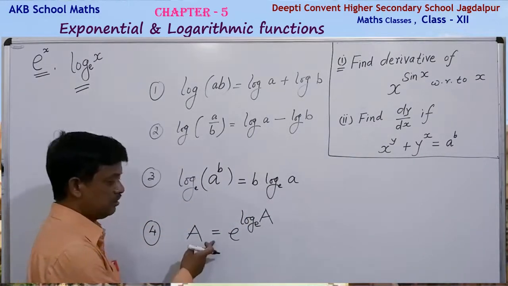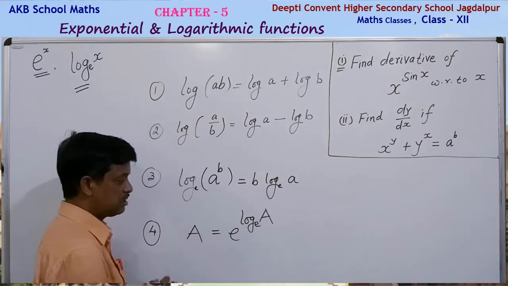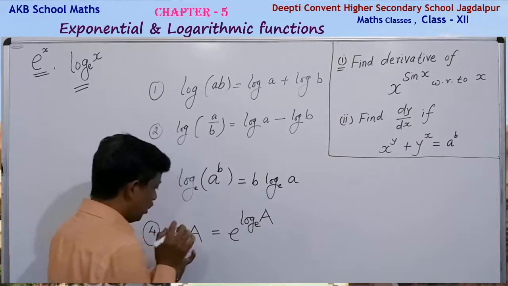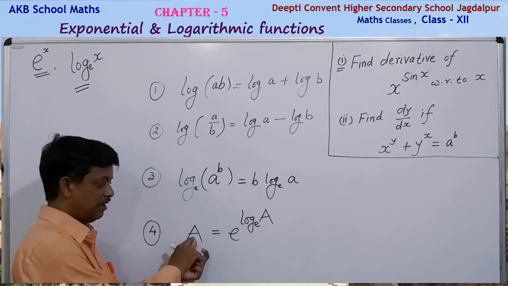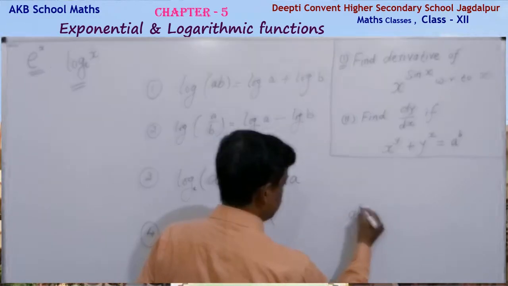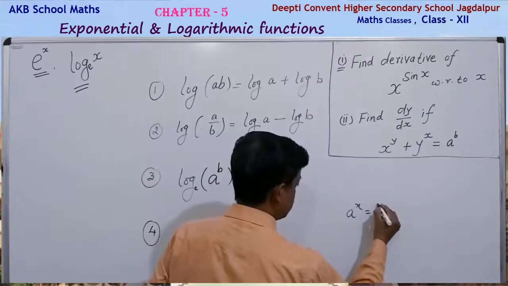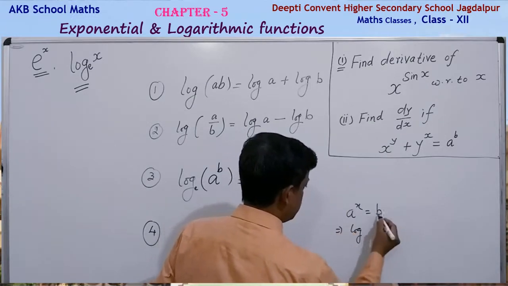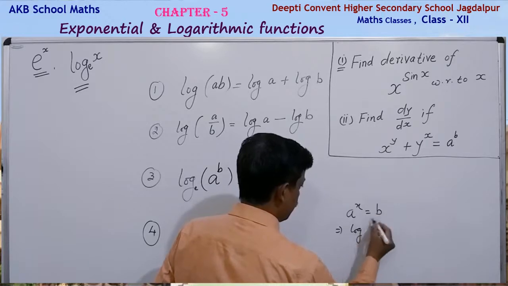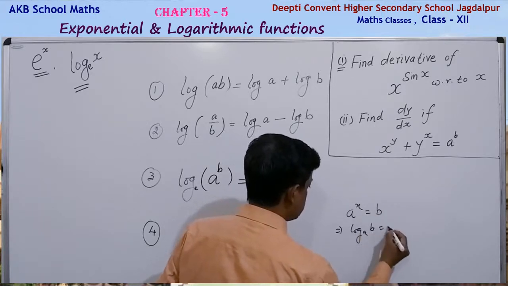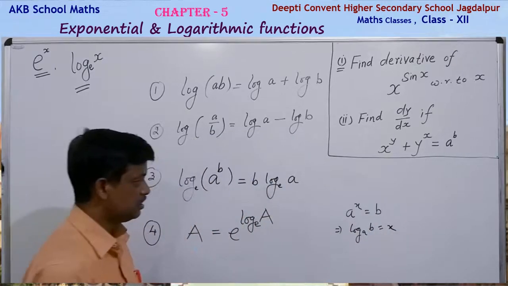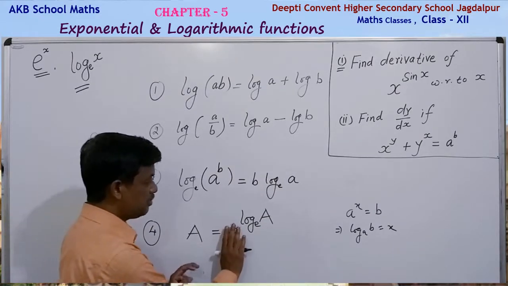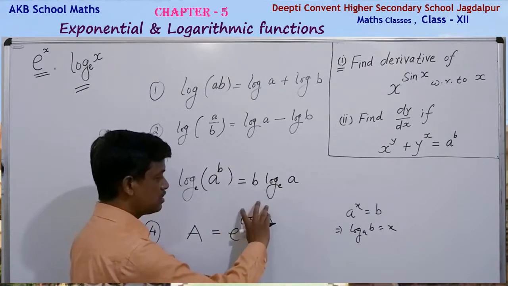You can see it because we define a to the power x equals b, which implies log of b to the base a equals x. This is our definition. Here you can see e is the base, e to the power this equals a.